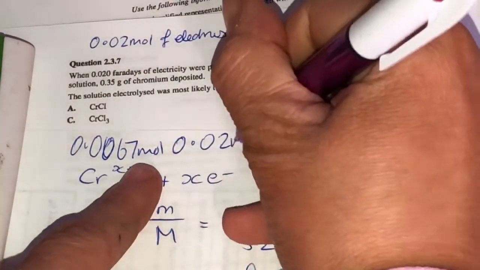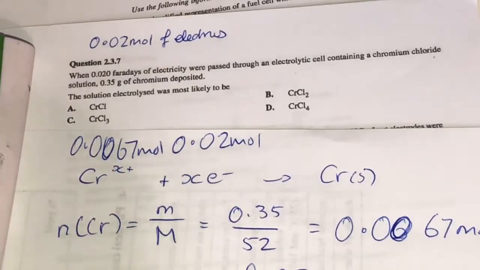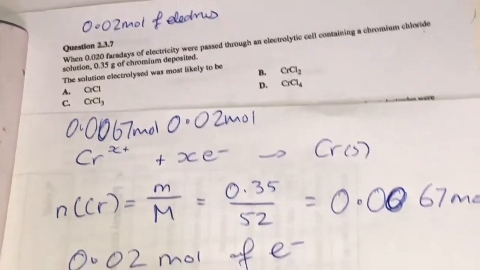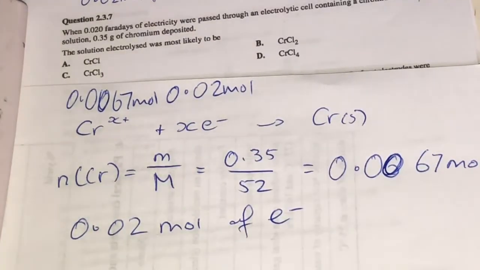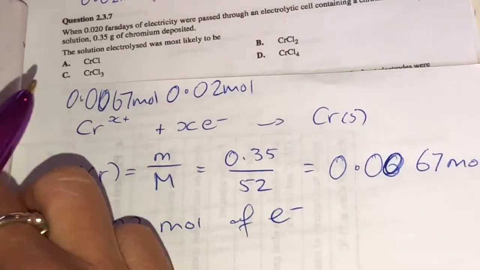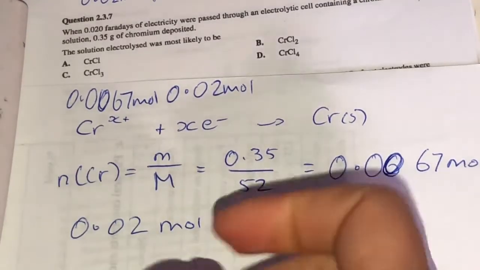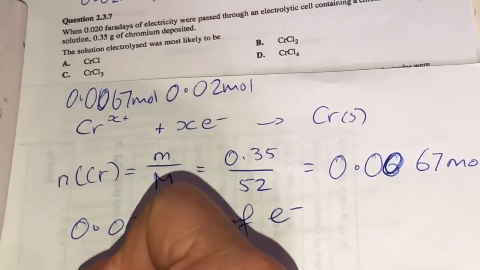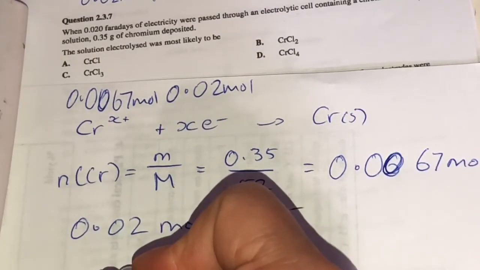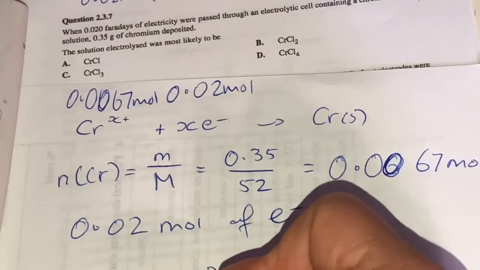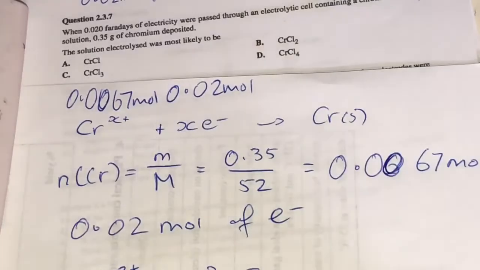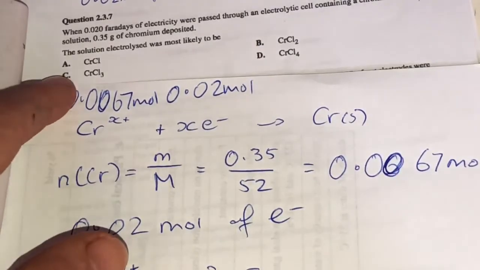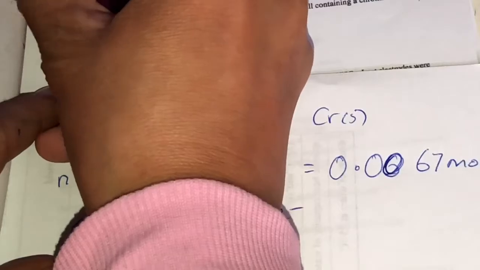It's a really ugly ratio, so we have to work out the whole number mole ratio. You can apply your knowledge from empirical formulas and divide by the smallest. 0.02 divided by 0.0067 gives a 1 chromium to 3 electrons mole ratio, meaning the chromium must have been 3 plus, which is option C.